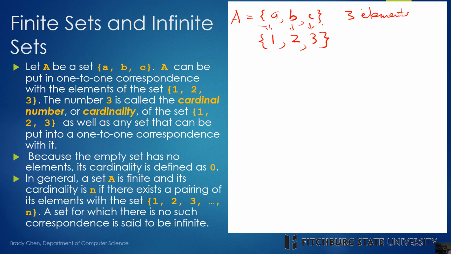Now, depending on the number of elements in the set. If you have 3 elements, you can map to the set of natural numbers 1, 2, 3, right? If it contains 4 different elements, you can map to 1, 2, 3, 4, right? So now, basically, for the set 1, 2, and 3, the number 3 is called a cardinal number, or sometimes called cardinality.